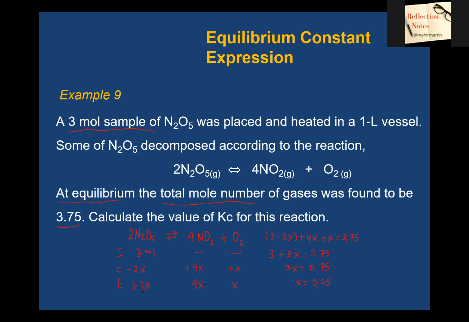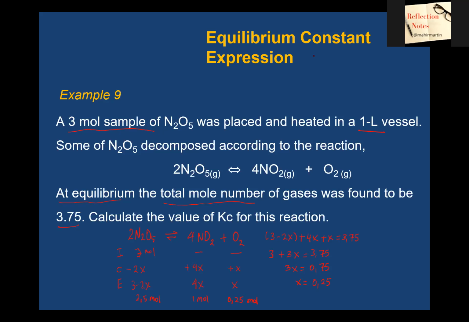If I get the x, then I can find the value of the N2O5 here. 2 times 0.25 is 0.5, so it is 2.5 mole here. 2.5 mole. Here, 4 times 0.25 is 1 mole. Here, x is 0.25 mole. Now here I get the moles, and because the volume is 1, the mole will be equal to the molarity, right?